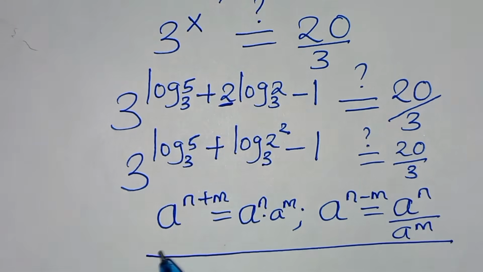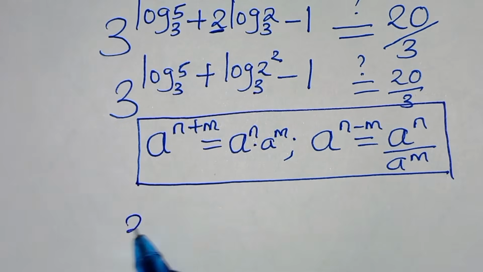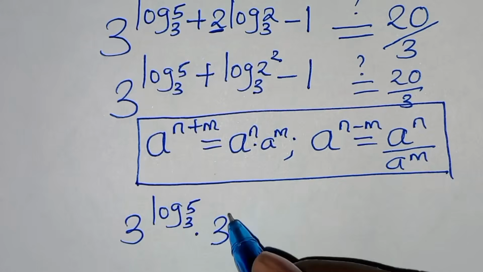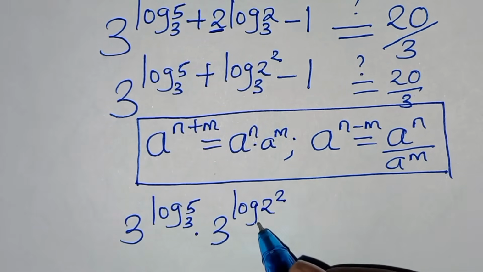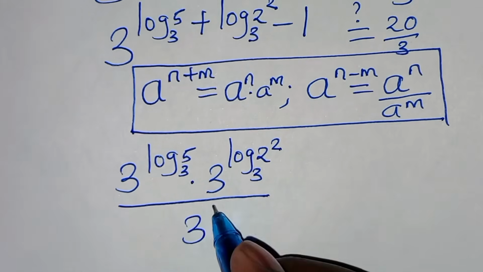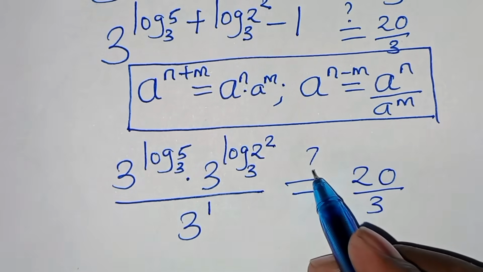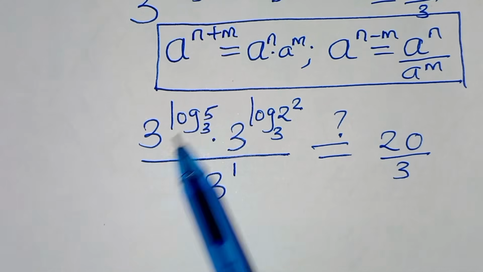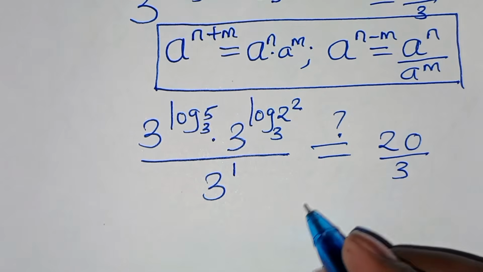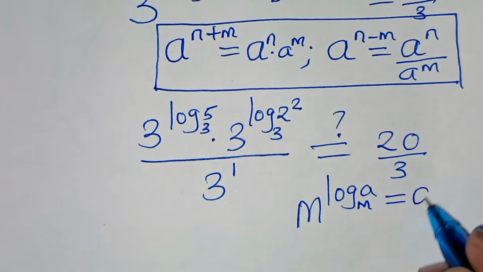Applying these exponent properties, we'll have 3 to power log 5 to base 3 times 3 to power log 2 squared to base 3 divided by 3 to power 1. This should give us a value of 20 over 3. Now, we have 3 to power log 5 to base 3 and 3 to power log 2 to power 2 to base 3. This is in the form of m to power log a to base m, which is supposed to give us a value of a.